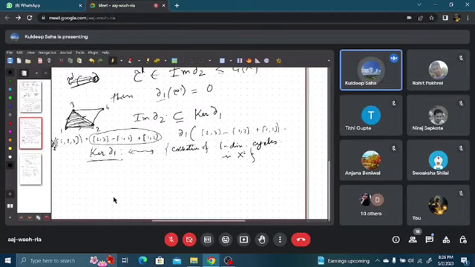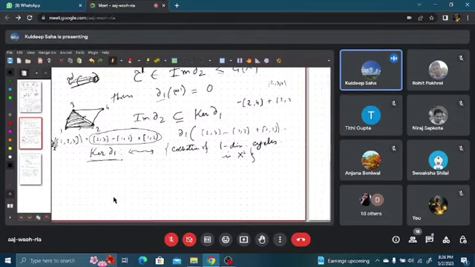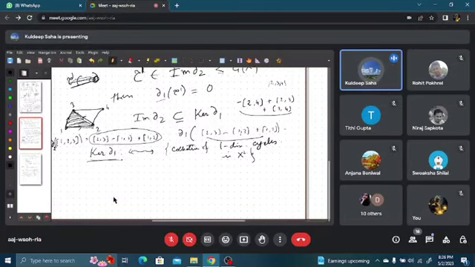Also this one: minus 2 4 plus 2 3 plus 3 4. This is also a one-cycle, but there is an important difference between these two one-cycles.